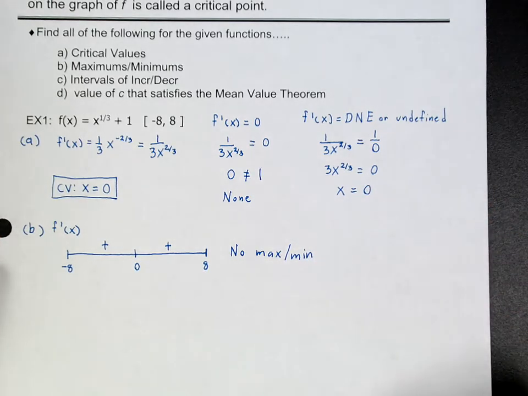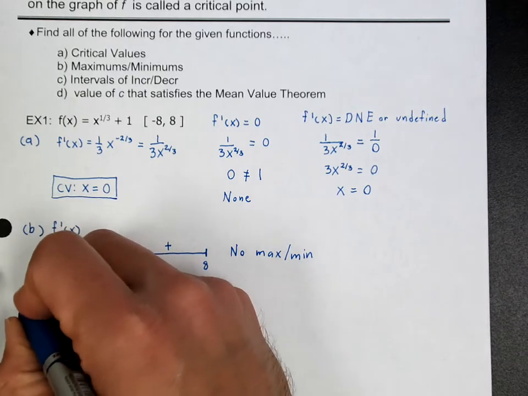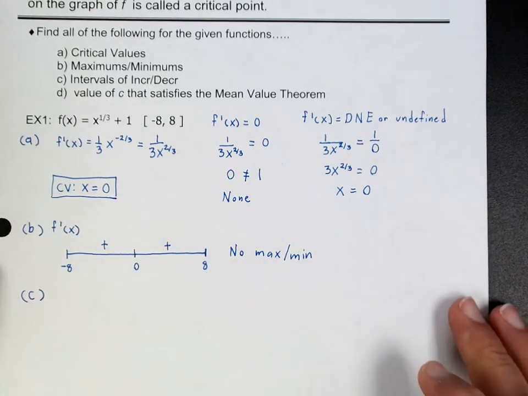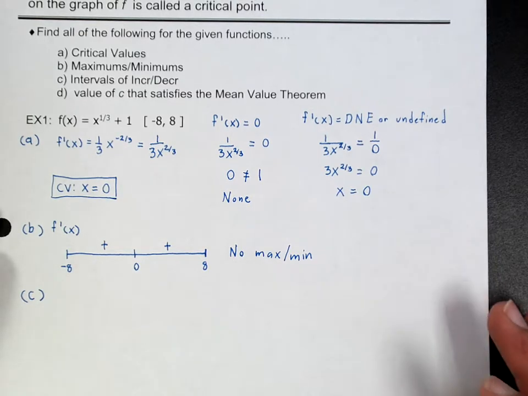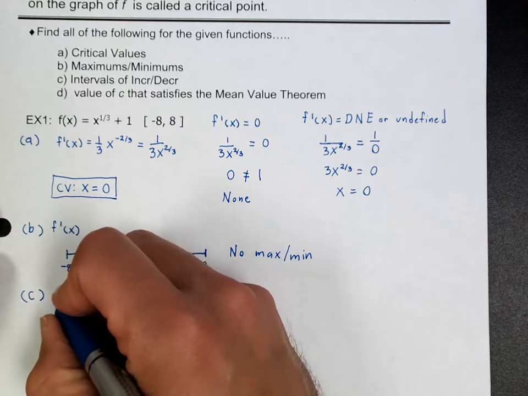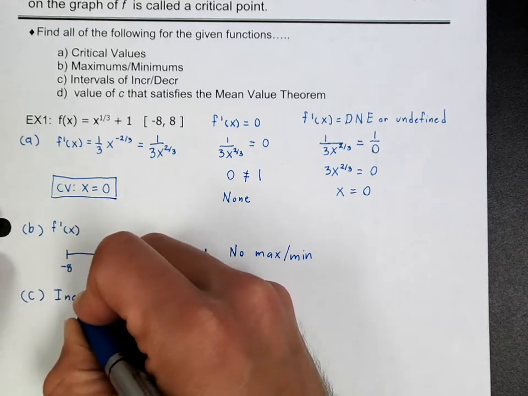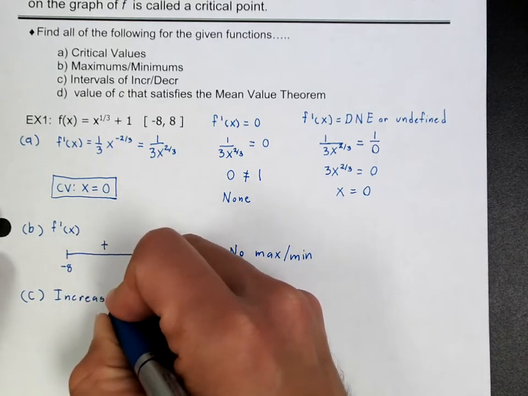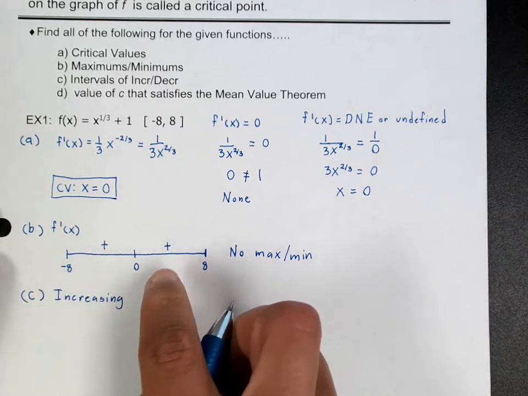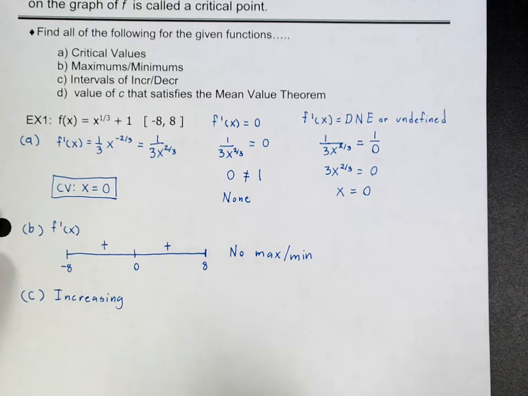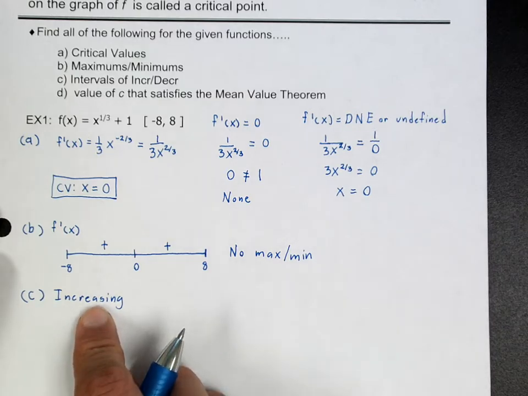So on part C, they're asking me for the intervals where f is increasing, all right, and where is it decreasing? So I'm increasing, and the whole reason to do this also, besides that it helps me to find a maximum or a minimum, this also helps me to find out if my graph of f is increasing or decreasing.